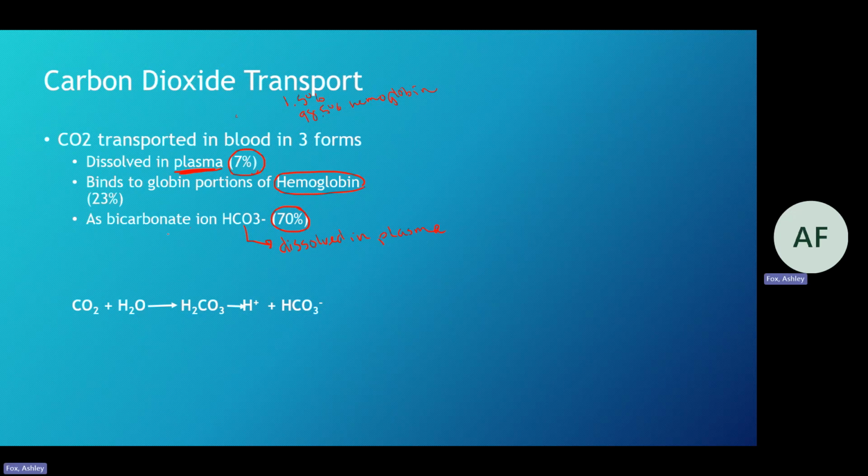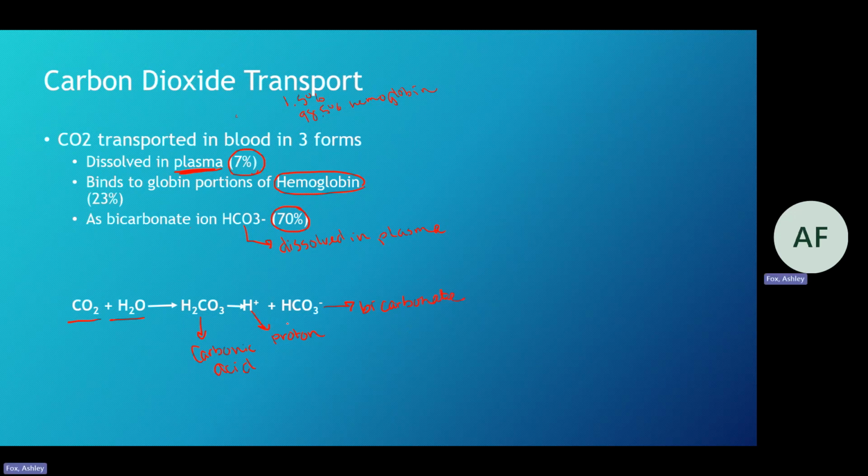So how do we make a bicarbonate ion? We add carbon dioxide and water, so CO2 and H2O, and we make an intermediate form, carbonic acid. Then we release a proton, or a hydrogen ion, and then this is the bicarbonate.